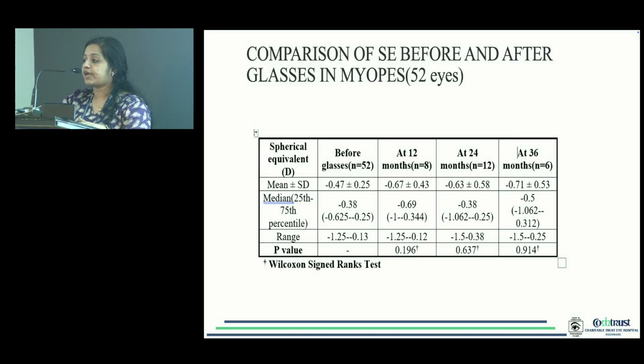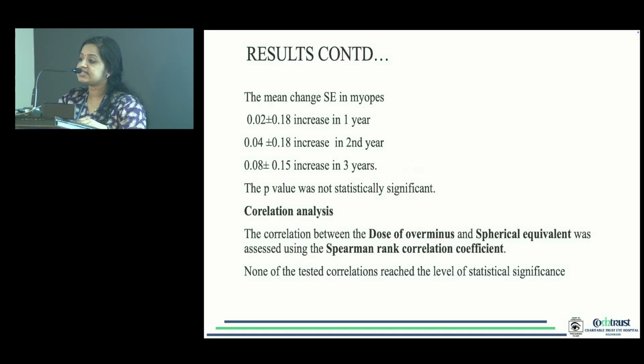Coming to the group of myopes, which was 52 eyes, the mean spherical equivalent before glasses was minus 0.47 plus or minus 0.25, and at 12 months it became minus 0.67 plus or minus 0.43. At 24 months it was minus 0.63 plus or minus 0.58, and at 36 months it was minus 0.71 plus or minus 0.53. The mean change was a 0.02 plus or minus 0.18 increase in 1 year.